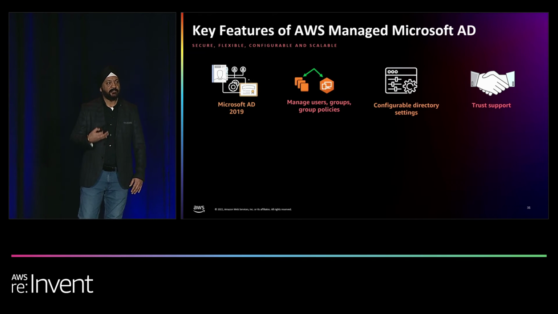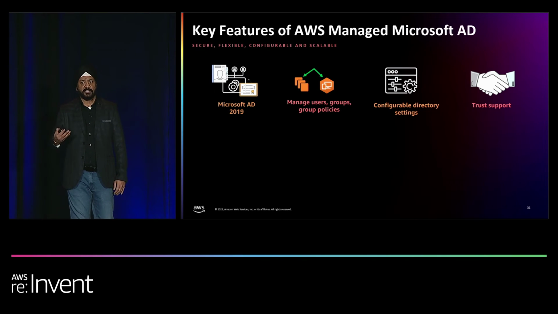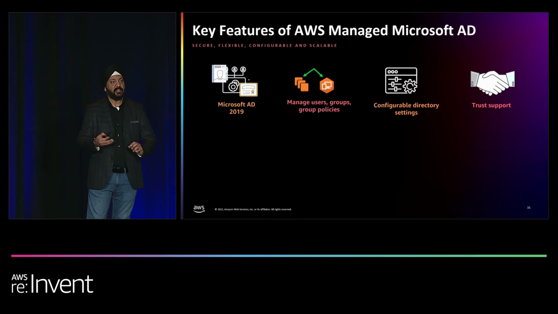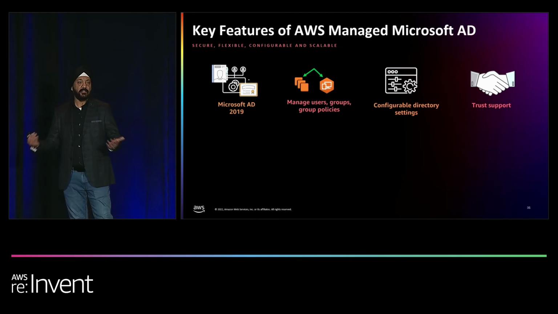What we just released is the configurable directory settings. A lot of customers came back and said, hey, I want to be able to configure some of the directory settings based on my infosec policies or based on my requirements. So that's another capability we just offered and made available. And we'll continue to evolve this to enable more and more of these directory settings in there.